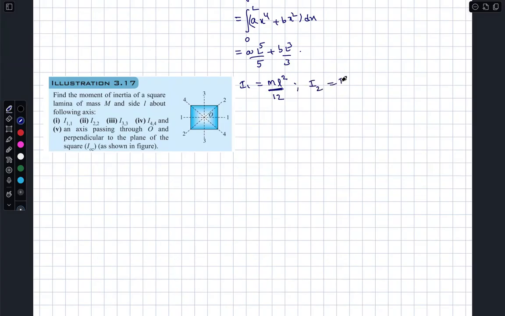I2 or I4 or I3 is the same, equal to m L square by 12. I told you this morning itself.